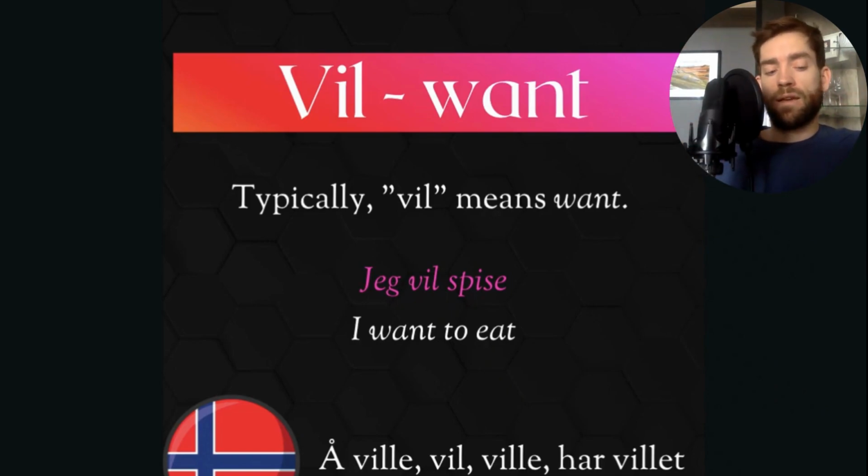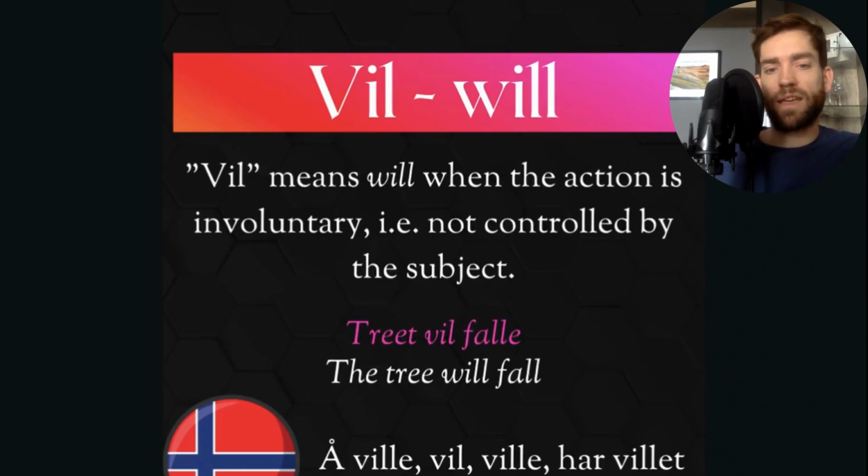Vil probably looks like will, you may think. And that is because, yeah, it does. And it's a false friend, but not always. Because whenever the verb is involuntary, that is not controlled by the subject, then it actually means the same as will. It does not mean want any longer then.